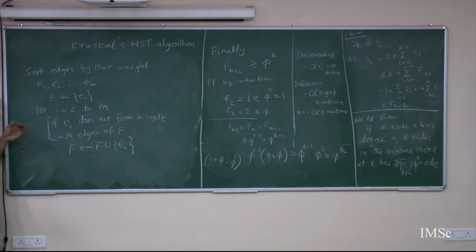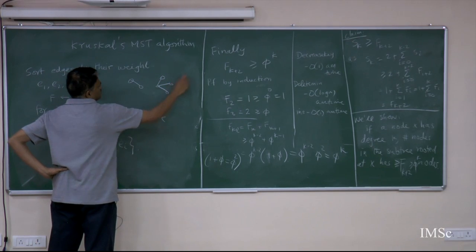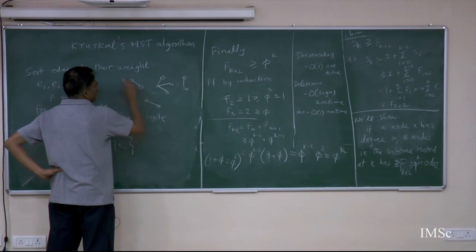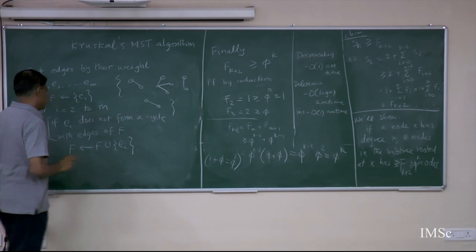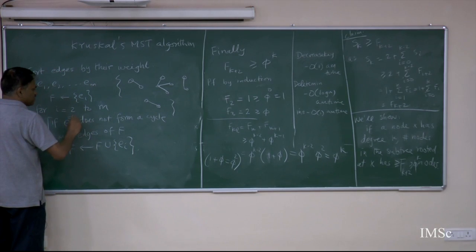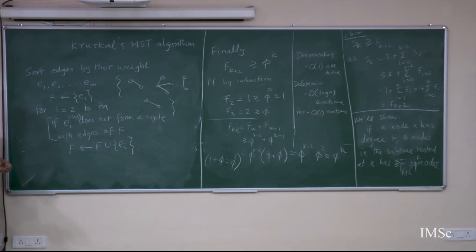At any point of time, what do I have in F? F will have edges like this. It's a collection of trees, right? And let EI be some edge X comma Y. When does it form a cycle? When both are in the same component, or tree, then it forms a cycle.